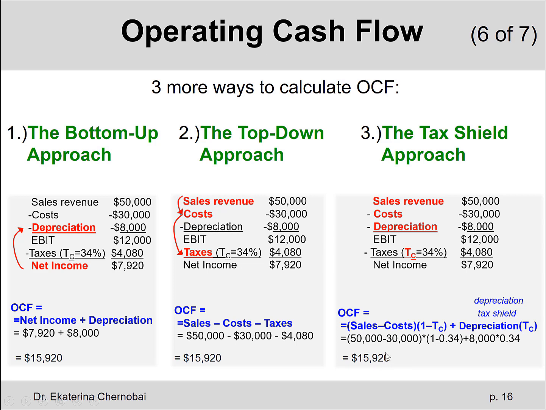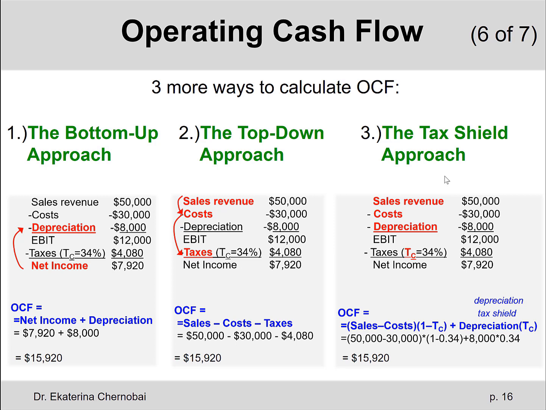So once again, it's exactly the same answer as we got for the top-down approach, for the bottom-up approach, and in the formula we used on the earlier slides, which is how the operating cash flow is defined in our textbook. So it doesn't matter which approach you use. If you have a question, calculate the operating cash flow, you can pick any one of these 4 approaches that you like. So, question for you, which approach would you use?